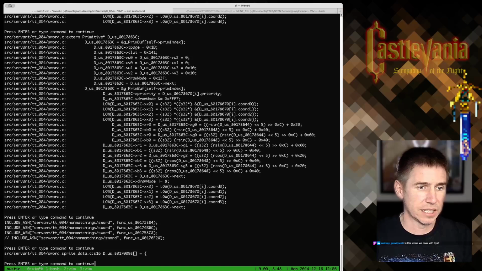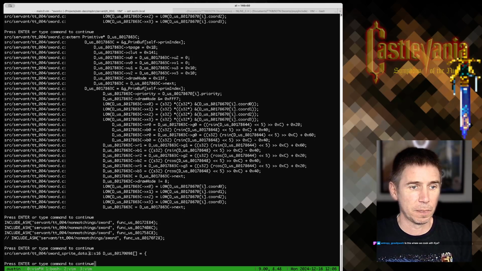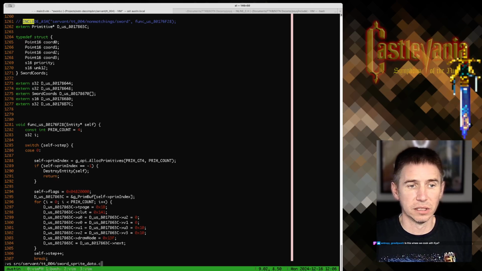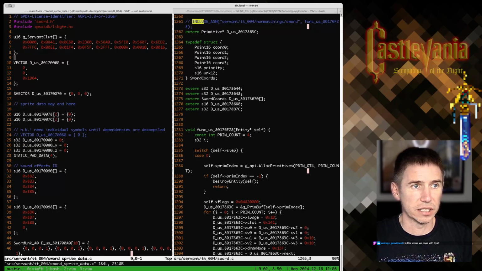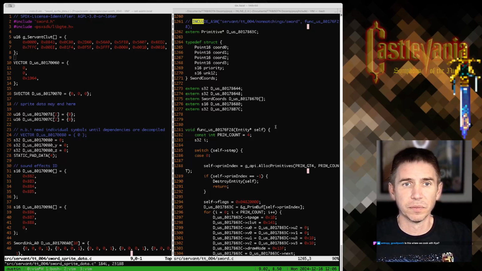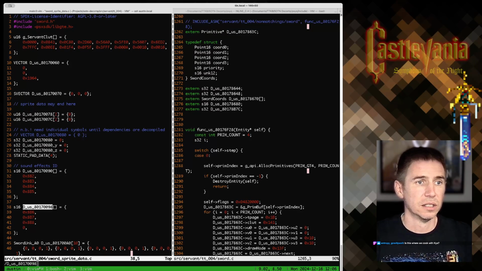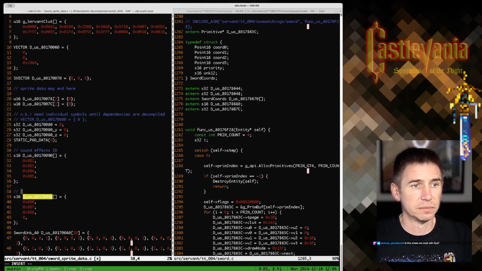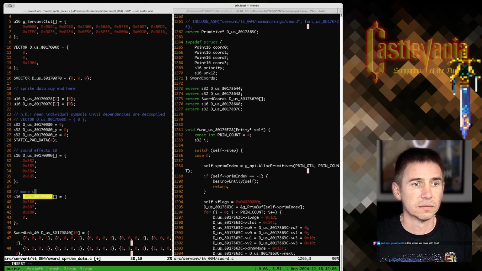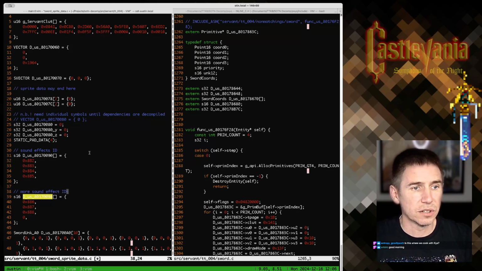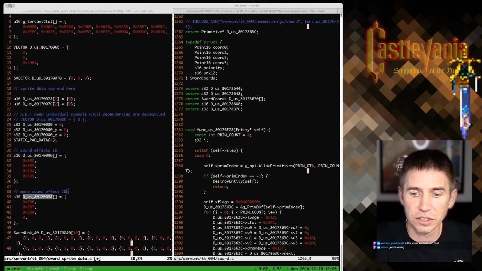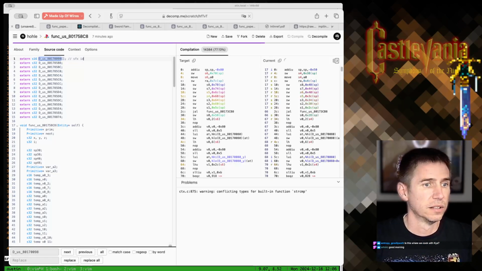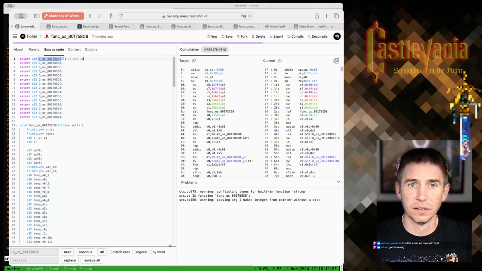I spent a long time looking at data, and I think I have all the data decompiled now. There's SBSS, which is not decompiled yet. So this is an array of sound effect IDs, and so we'll treat this as an array, and that's good just to know that we're addressing it correctly.